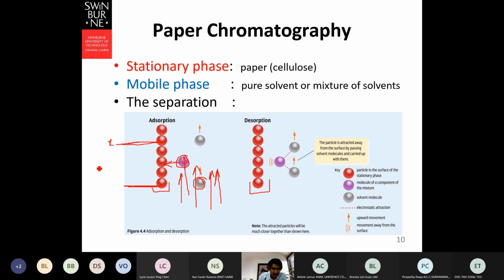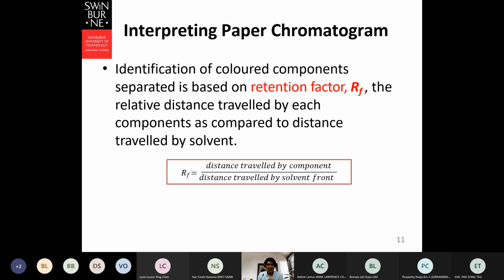We started from 0, of course, where we start is the 0, and it moves up to x centimeter, whether that is centimeter or millimeter or whatever. So since it moves up this much on this surface using this type of mobile phase, what does it tell us? It is the retention factor.